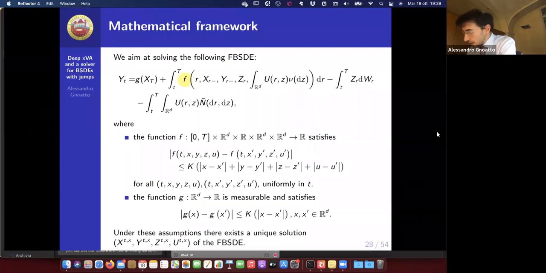And then, here you could write a general U, but in the application, what you most of the time use is a dependence with respect to the integral of this further control process U, and nu here is the Levy measure associated to your Poisson random measure.